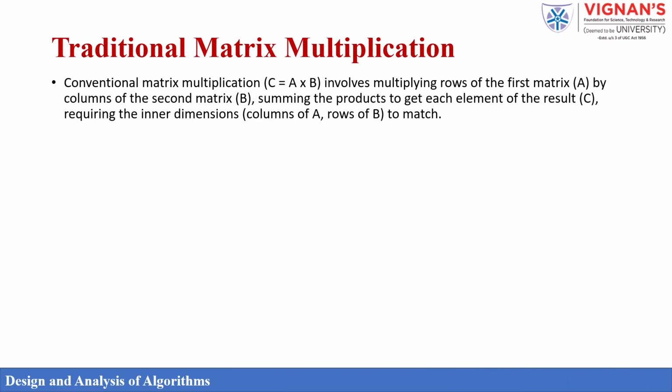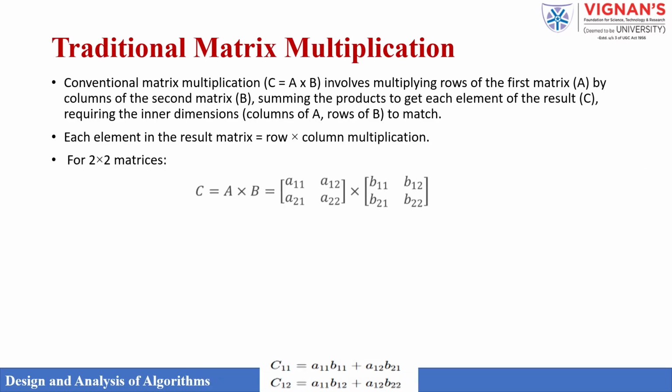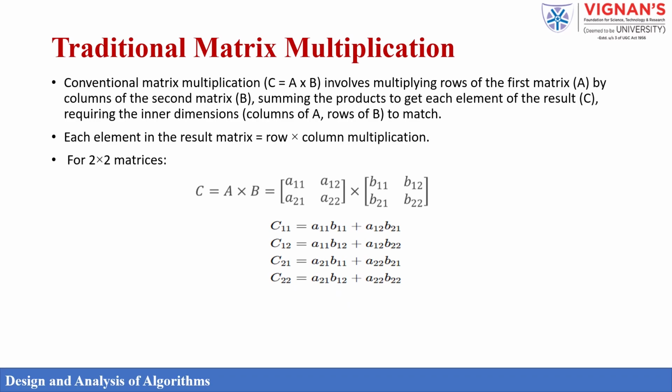Traditional matrix multiplication. In conventional matrix multiplication, the product matrix C is obtained by multiplying matrix A with matrix B. For matrix multiplication to be valid, the number of columns in matrix A must be equal to the number of rows in matrix B. Each element in the result matrix follows the rule: row of A multiplied with column of B. For example, when multiplying 2 by 2 matrices, we compute the elements C11, C12, C21, and C22 using direct multiplication and addition of corresponding elements.